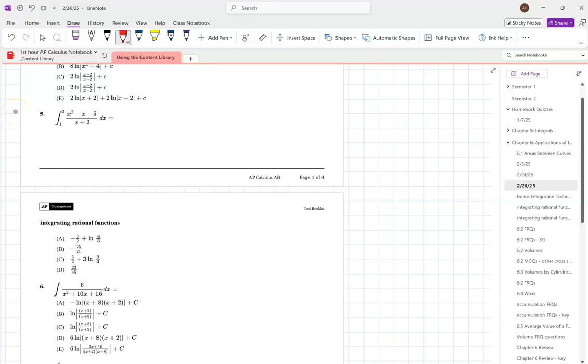So when I look at this, I notice the degree of the numerator is greater than the degree of the denominator, so I would want to use polynomial division here. Since the denominator is monic, I'm going to do synthetic division because it's faster, and given the option, that's always what I would choose.